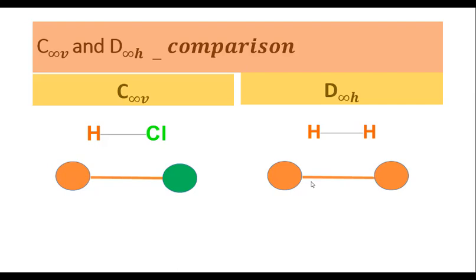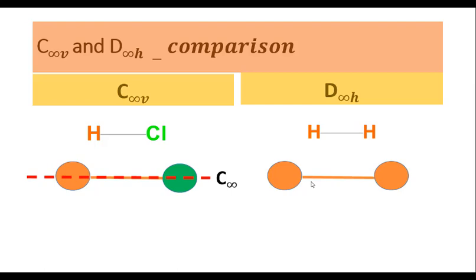Next, now consider the bond axis of hydrogen and chlorine. There is an axis of symmetry, an axis of rotation, which is present along the bond axis, and this is known as C infinity.